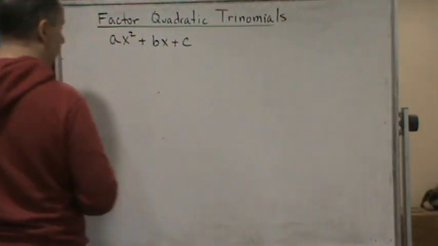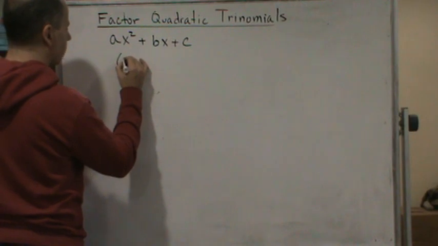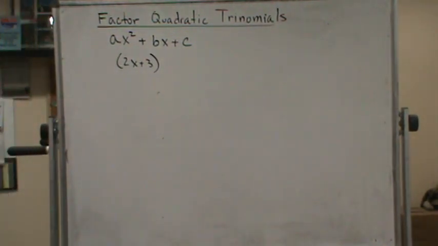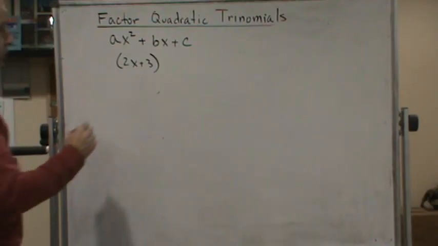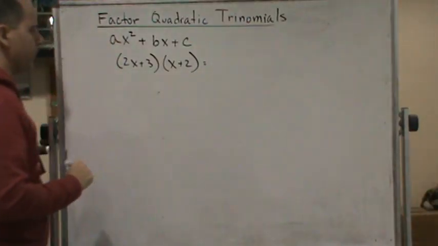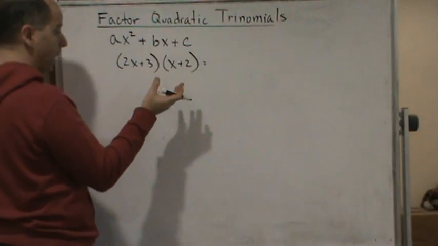And so the way we're going to handle these is, let me do an example here. If I take 2x plus 3 and I take x plus 2, so what we do, in this case when we're multiplying out, is we just use the distributive property twice.